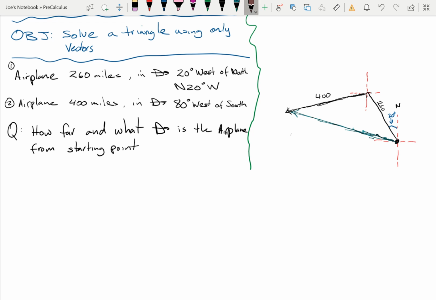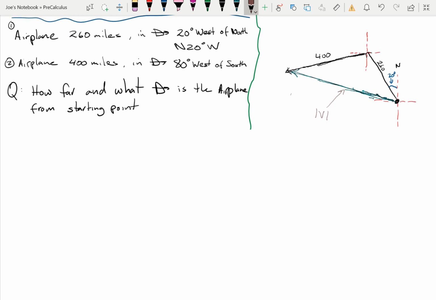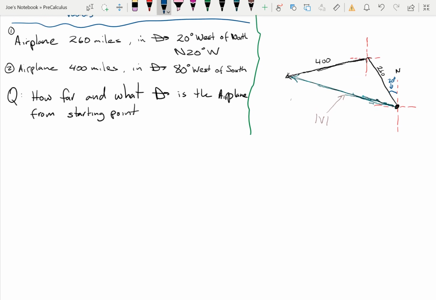So we want to know the length of that, and we want to know the direction angle that vector is traveling. Let me pull that vector off and write it below. So the actual vector, with all the other drawings taken away, is this final vector.